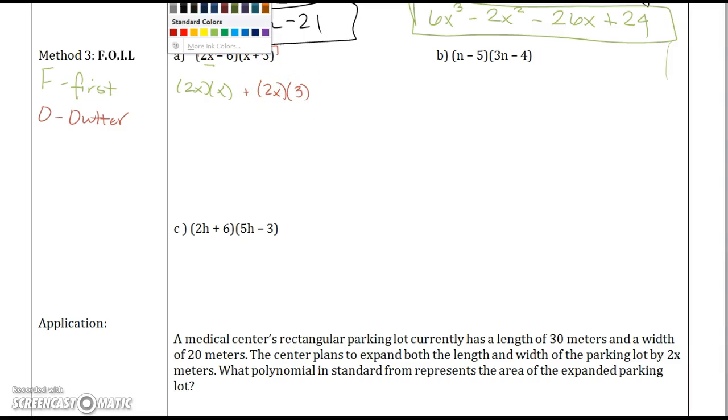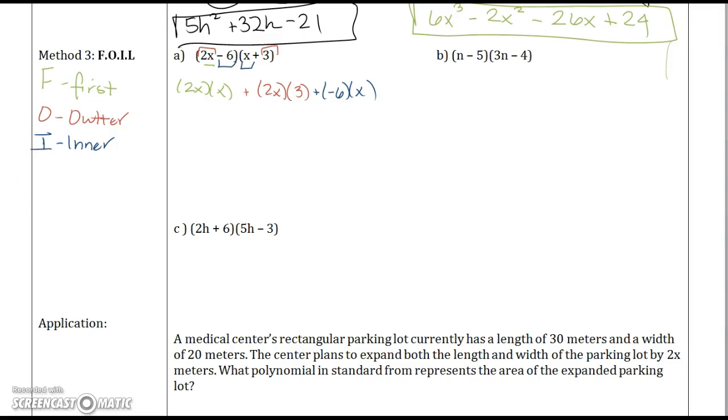Well, if those were outers, there obviously are some inners as well. Your I is for inner. So what's the inside crew here? This is like my inner circle. -6 times, this is an inner as well, times x.